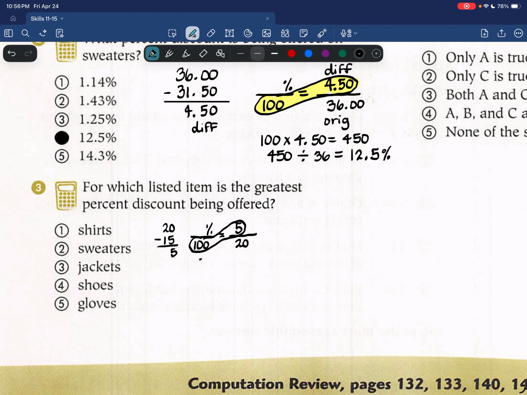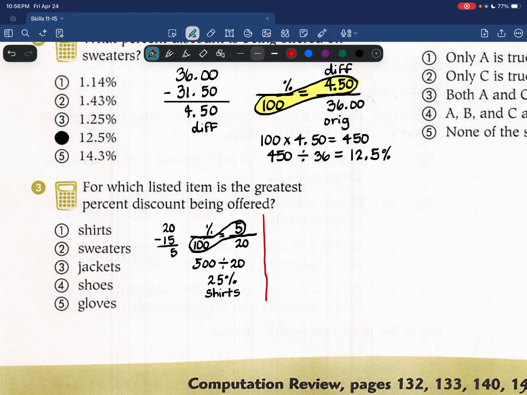So we get 500 divided by 20, and that will give us our percentage of 25%. So that's shirts. I don't like that one. Let's just write the word shirt. Okay, now let's do the sweaters.